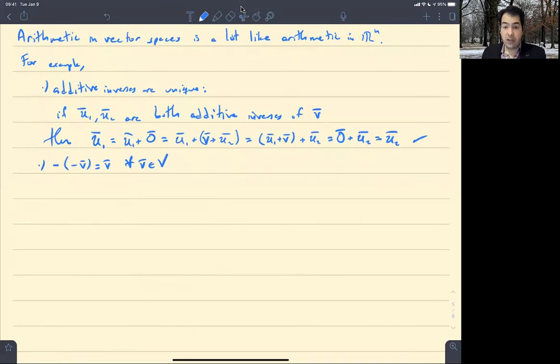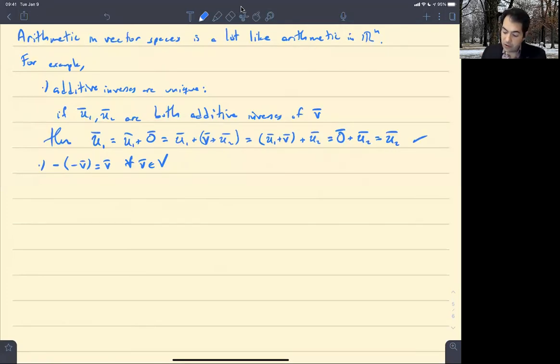Right, so this is really easy. You just need to unpack what you're saying. Because remember, minus v is the vector that serves as an additive inverse for v. So it's defined by saying minus v is the vector that when I add it to v, I get 0. Right, so what is minus minus v? Well, it's the vector that when I add it to minus v, I get 0. Right?